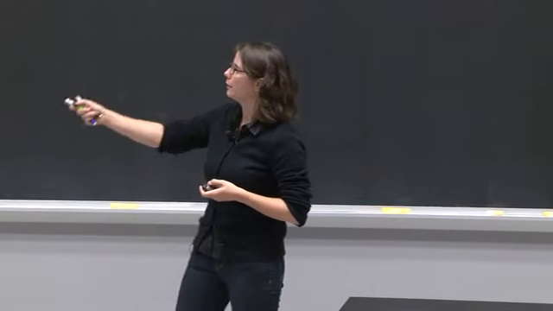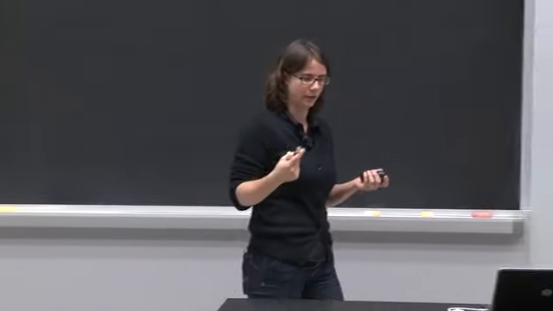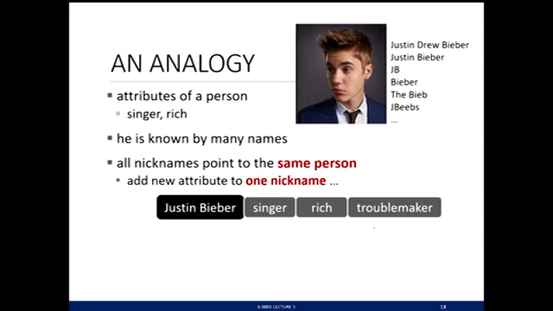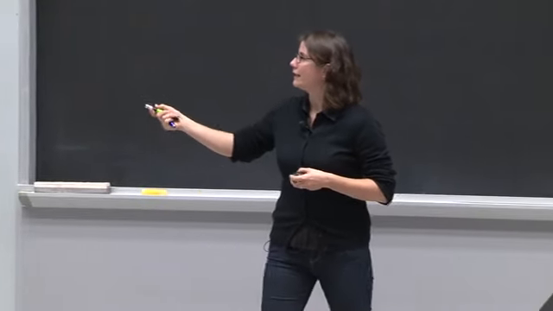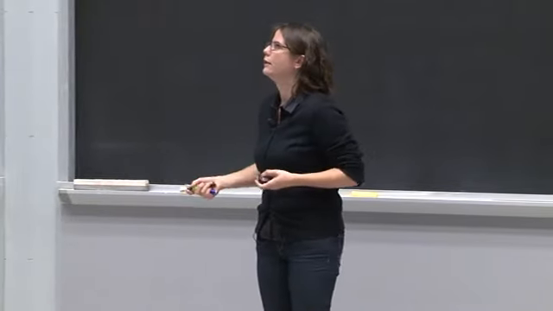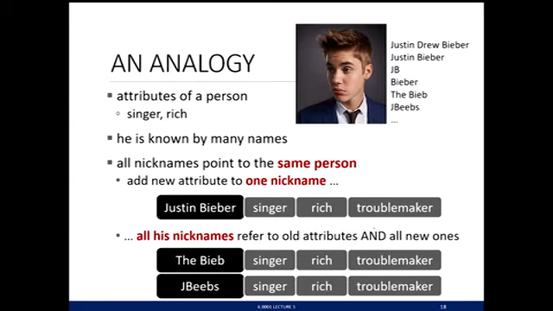So originally, let's say I say Justin Bieber is a singer and rich. Those are the 2 attributes I've originally assigned to him. And then let's say I want to assign a different attribute to him and say Justin Bieber is a singer, rich, and a troublemaker. I'm being kind here. So if I say Justin Bieber has these 3 attributes, it's the same person I'm referring to, so all of his nicknames are going to refer to this exact same person object, with these changed attributes.